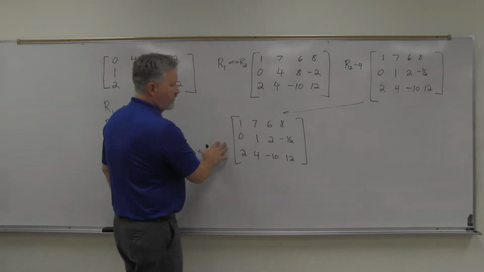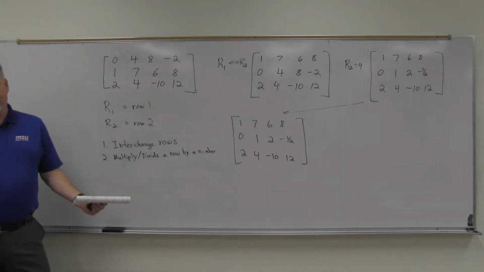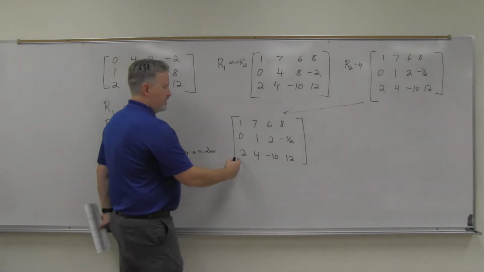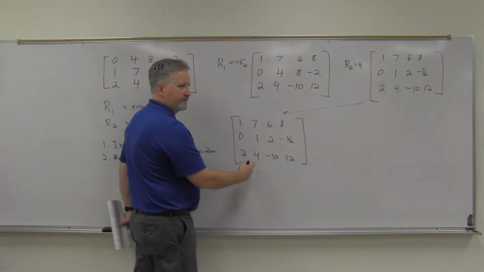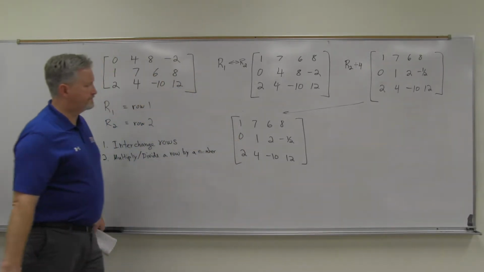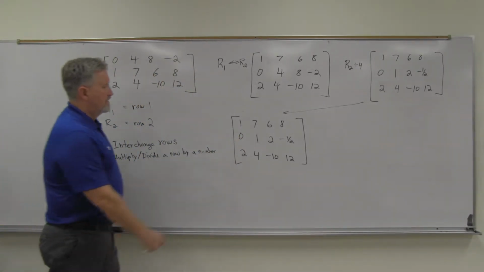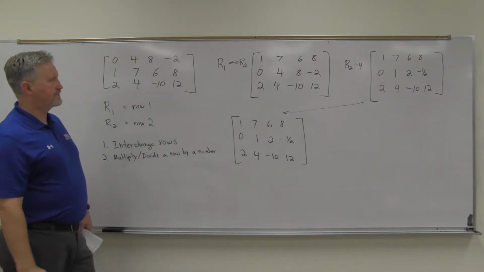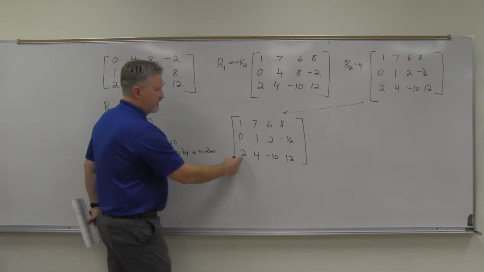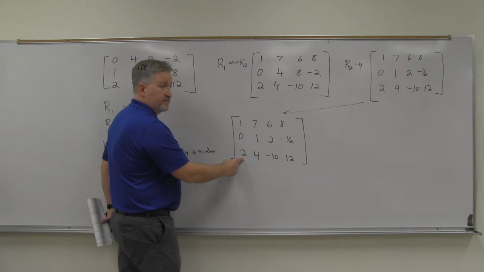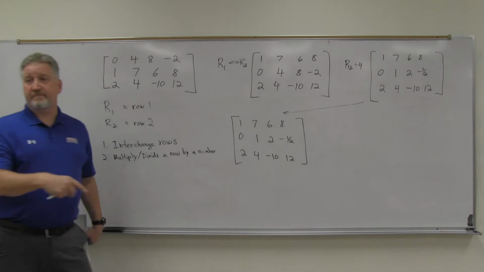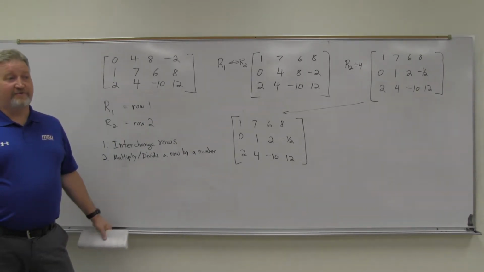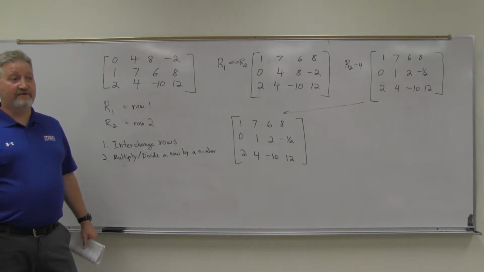We got a good start on row 1 and row 2, but row 3 is a bit of a problem, isn't it? For row 3 in row echelon form, what do we need? We need some zeros, don't we? To start, let's try to get this here to 0. The only way we can get something to 0 is not by multiplying or dividing it by anything. The only thing you can do is subtract to get that to 0, right?